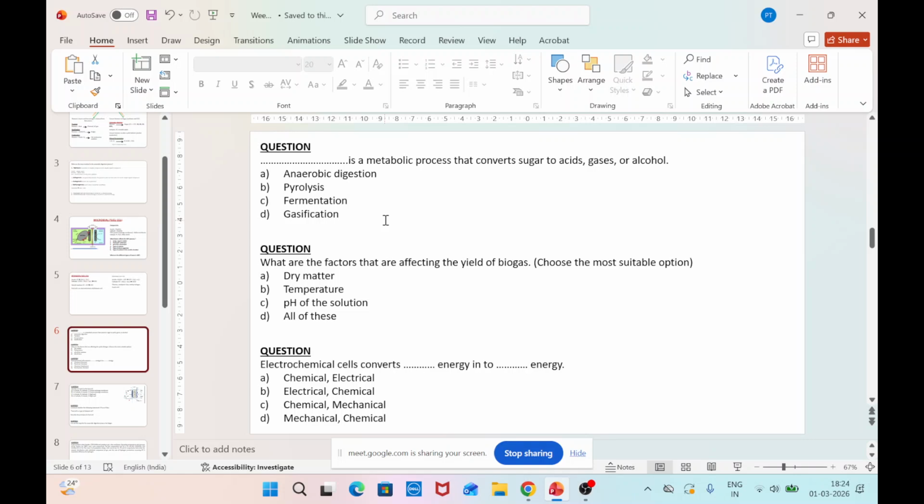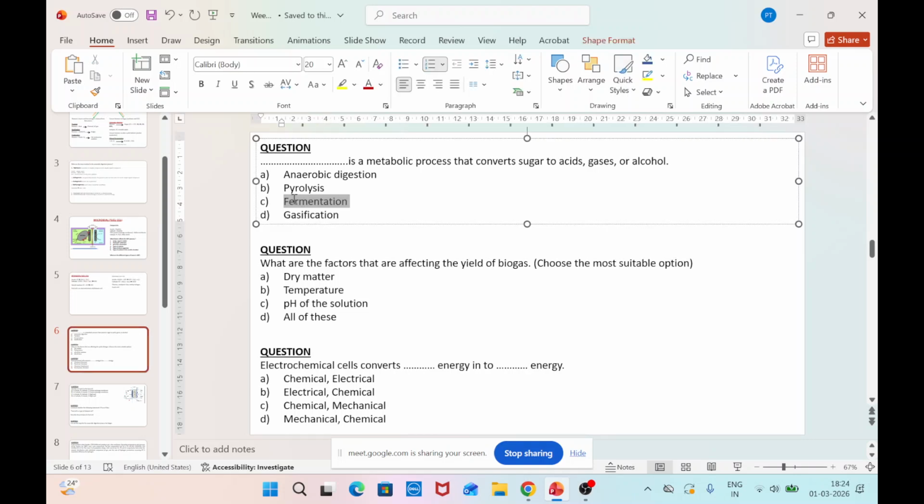Whereas in case of the fermentation process, we take sugars, for example glucose or fructose or sucrose, and then break them down and convert those sugars into acids or alcohols, and then that alcohol is what you use as a biofuel.